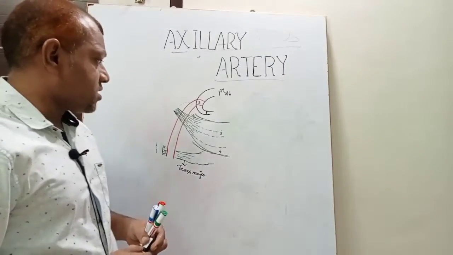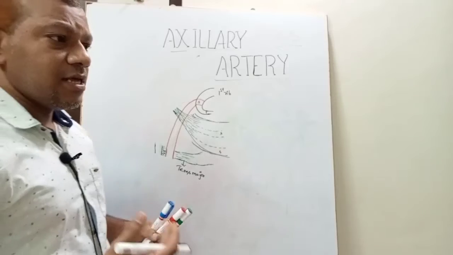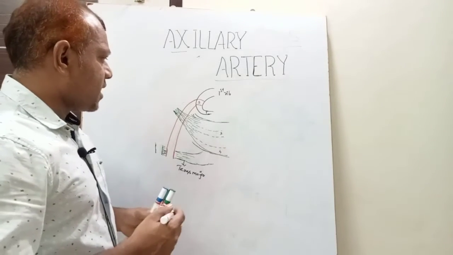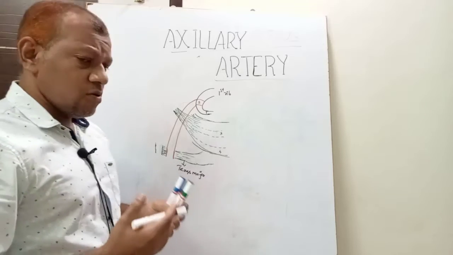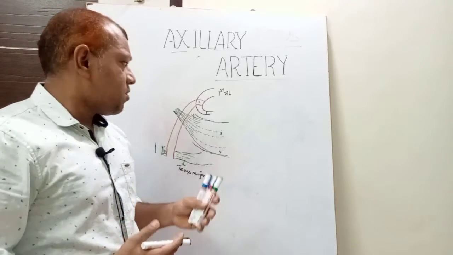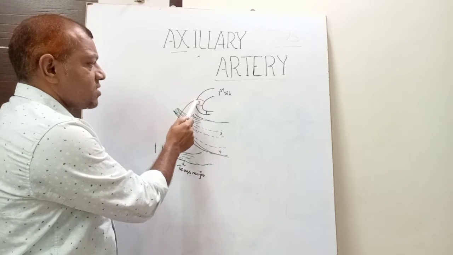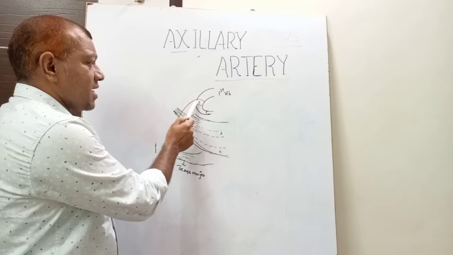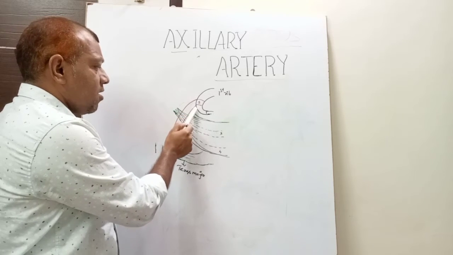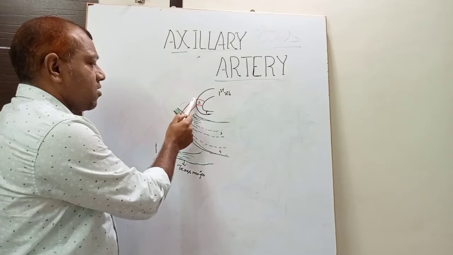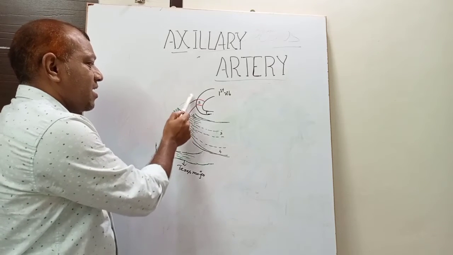And let me complete this axillary artery, the parts and their relations. So coming to this axillary artery, the three parts and relations. First we must know, here's a quick review. It is a continuation of the subclavian artery. From the outer part of the first rib, the subclavian artery extends as the axillary artery, and this axillary artery along with the axillary vein and the cords of brachial plexus, all these things are passing through the apex of axilla.